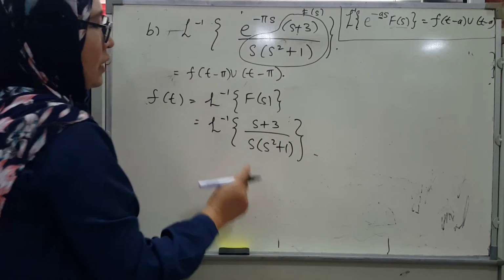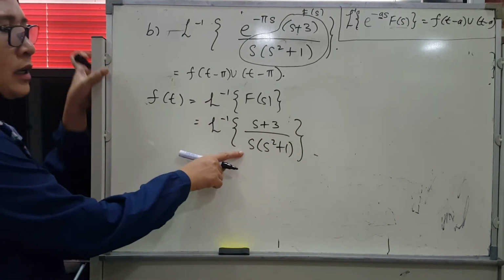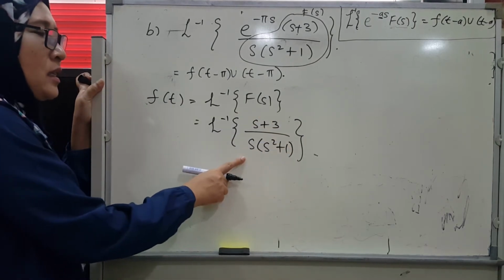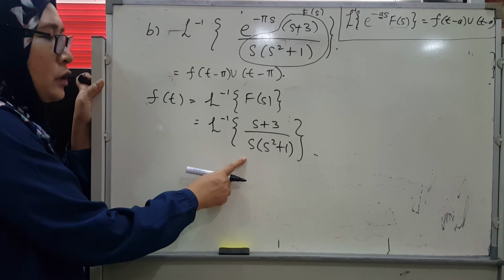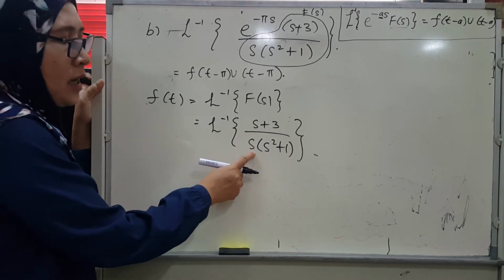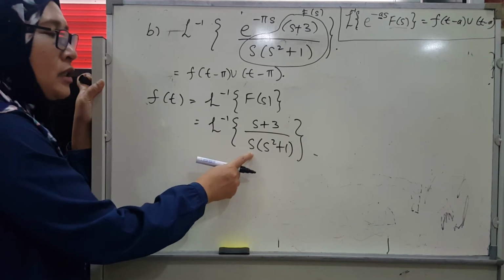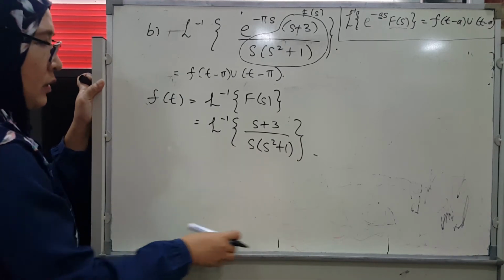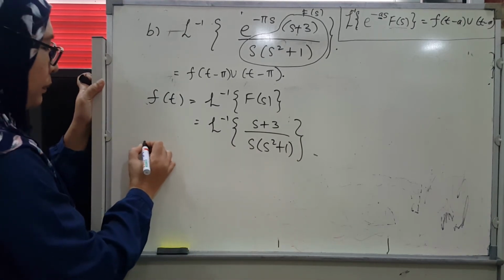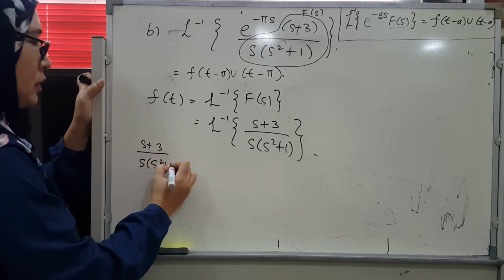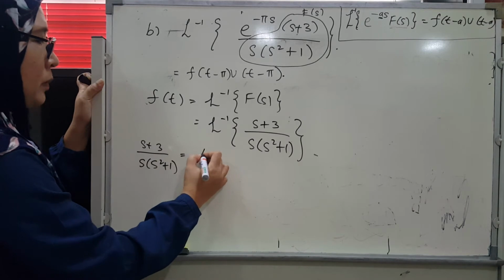Again, for the second example, we have a fraction, so we don't have a formula for this in the tables. We need to modify it, so it needs to be in partial fractions. We have to change into partial fractions.